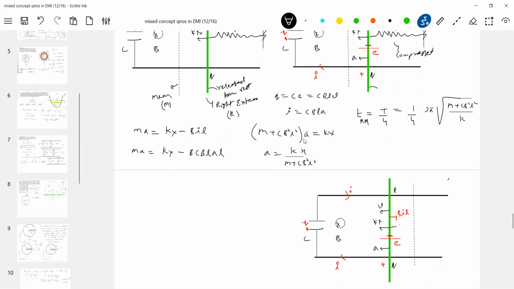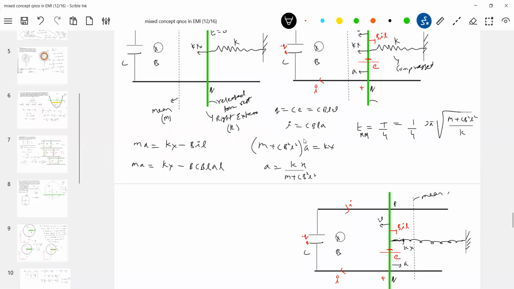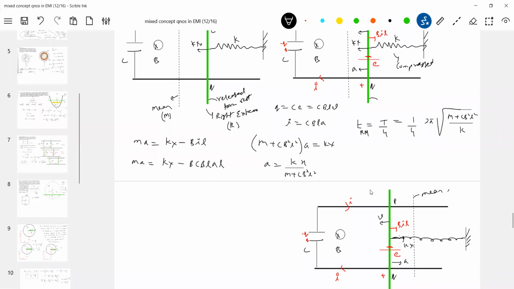And the spring is compressed. The spring will be elongated now. The spring force will act inward, but the induced current should be in the same direction. BIL will be in the same direction, and now it will undergo retardation. Please, I think I can show only this much.